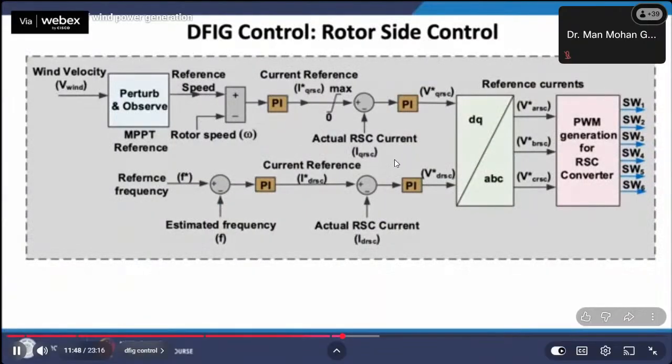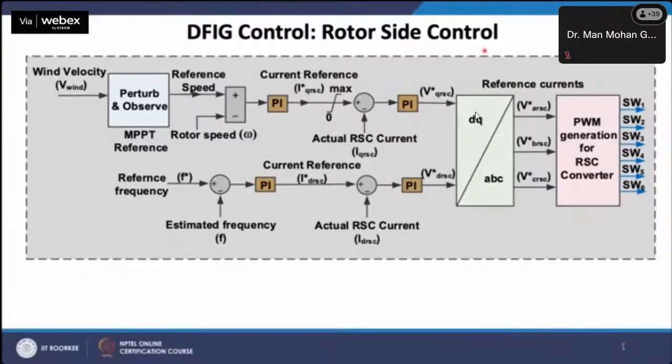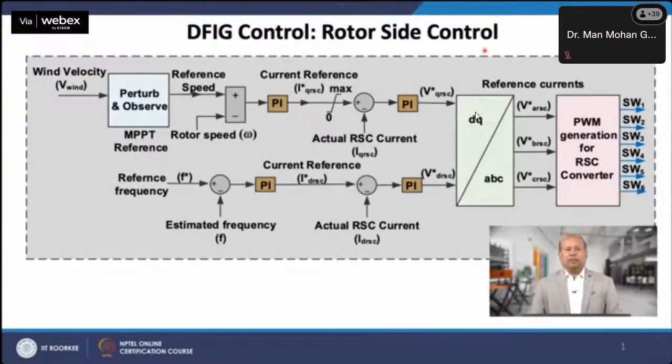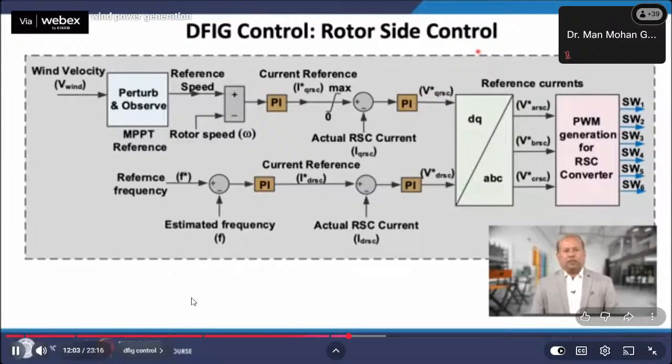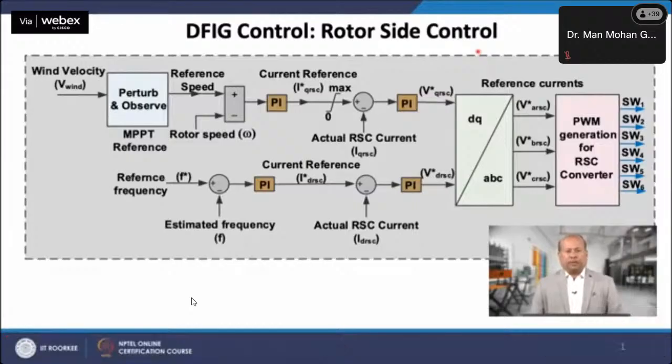Now, if you look into the DFIG control through the rotor side, field oriented control, FOC, established on the vector control, is enlisted for D and Q axis control of rotor current.